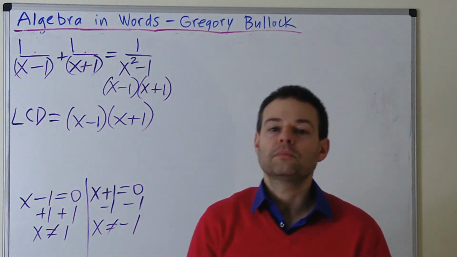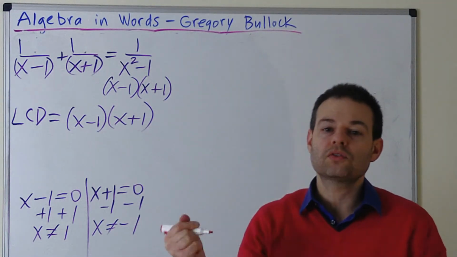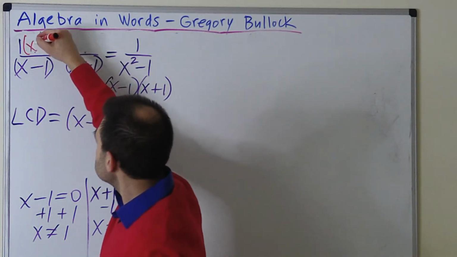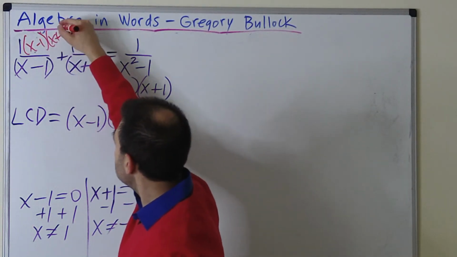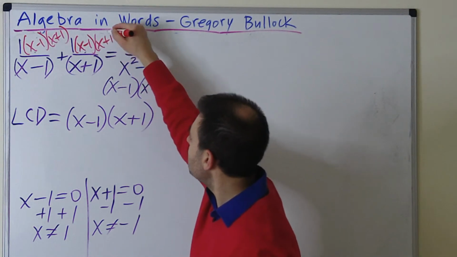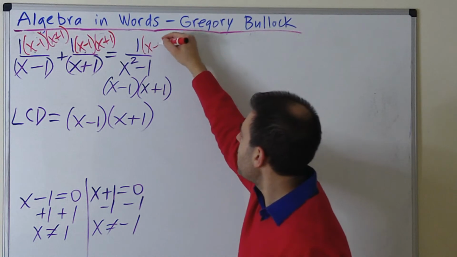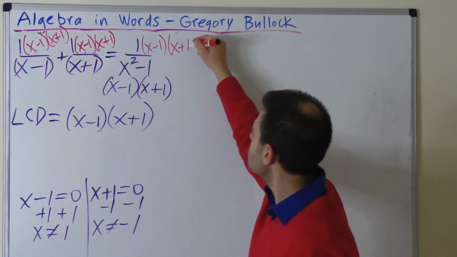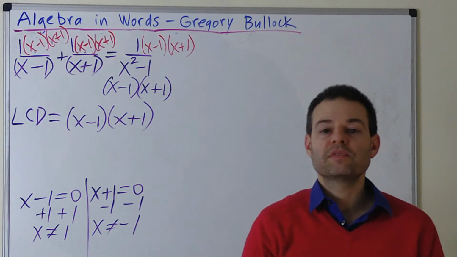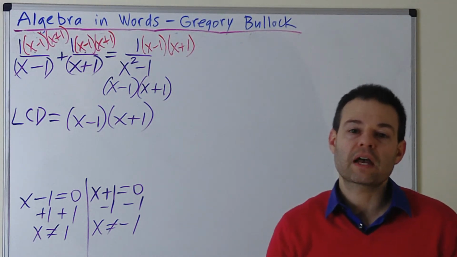And now we're going to multiply the numerators of each times the LCD. So here, x minus 1 times x plus 1. Over here, x minus 1 times x plus 1. And here, x minus 1 times x plus 1 times 1. We multiplied the least common denominator times every numerator of each fraction.